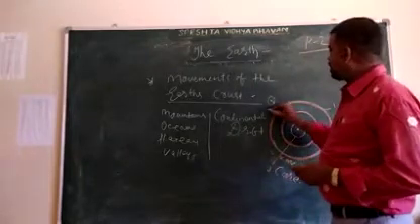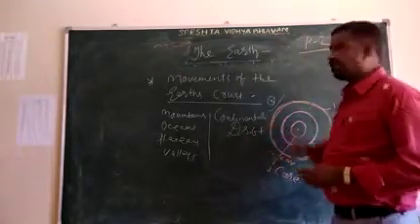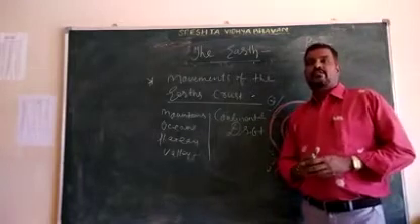All these things he clearly explained in the continental drift. His name was Alfred Wegener, a German meteorologist.